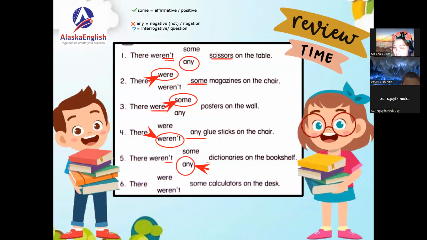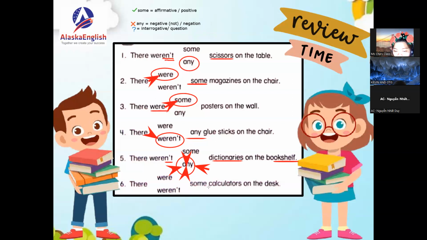Very good. Any, how do you read this one? There weren't any dictionaries on the bookshelf. Again, there weren't any dictionaries on the bookshelf. All right.